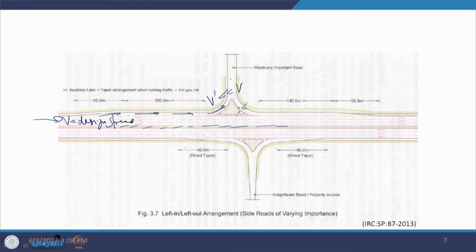So as to segregate the two movements, this is a left turning and this is again a left turning. Here this one is an exit left and this is for entrance left. The traffic which comes from here goes this way and then finally merges into the main traffic.